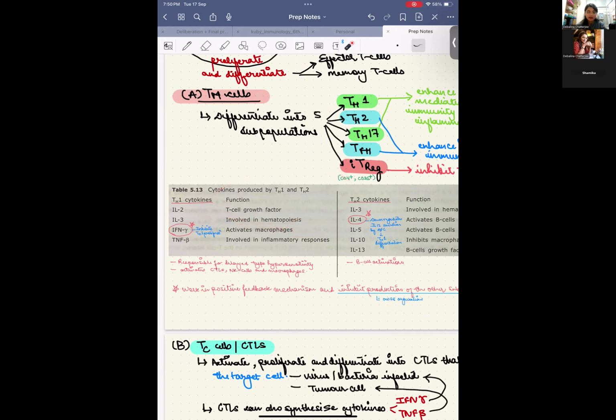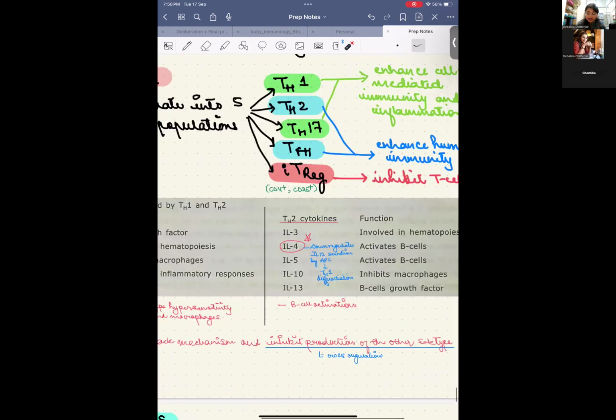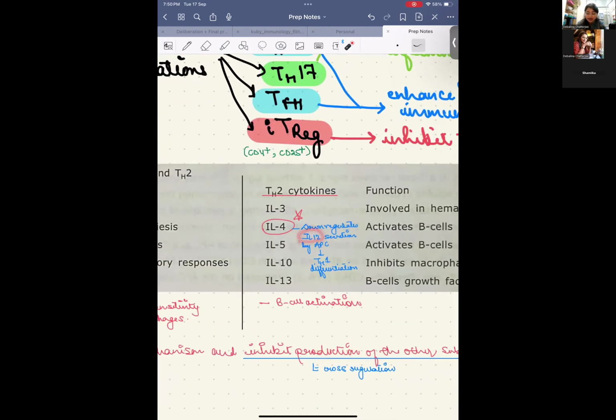So, which cytokine from Th1? It's interferon gamma that inhibits Th2 proliferation. And similarly, IL-4 released from Th2 downregulates the secretion of interleukin 12 by the antigen presenting cells. So if interleukin 12 by antigen presenting cells goes down, the Th1 differentiation also goes down.